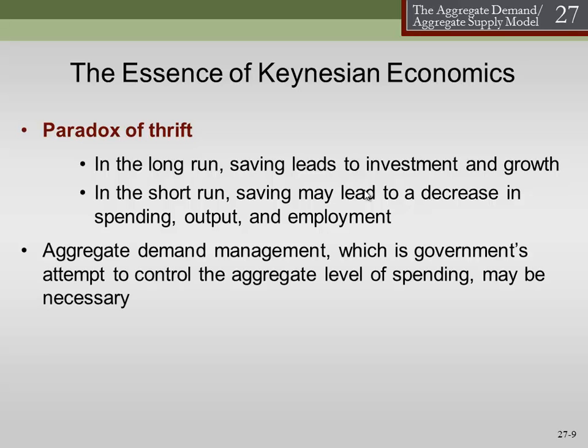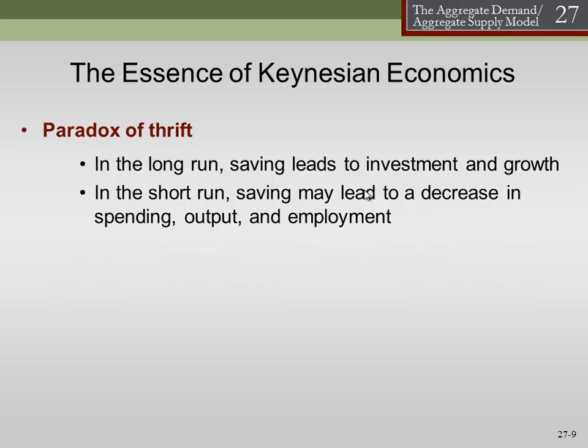How is that? Well, the idea is if everybody saves more, then everybody's spending goes down. And if spending goes down, what happens to aggregate demand? The demand for overall goods and services goes down. If we want less stuff, we buy less stuff, and equilibrium income is going to be reduced.